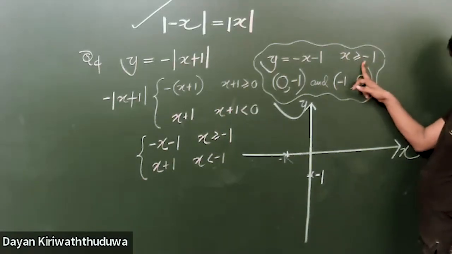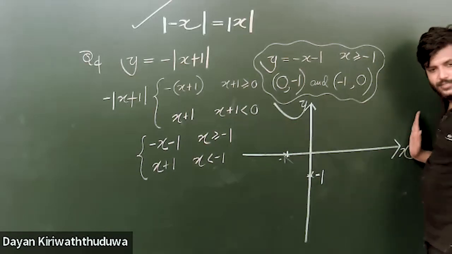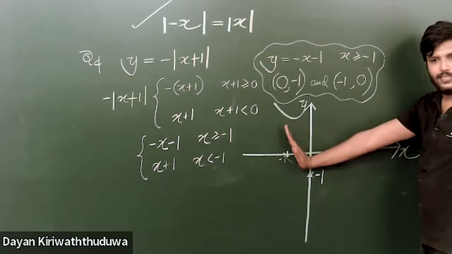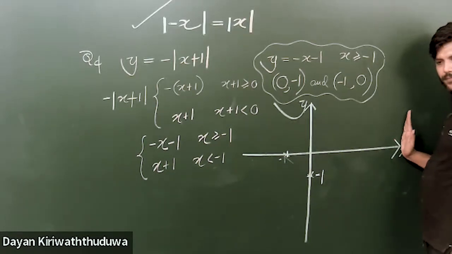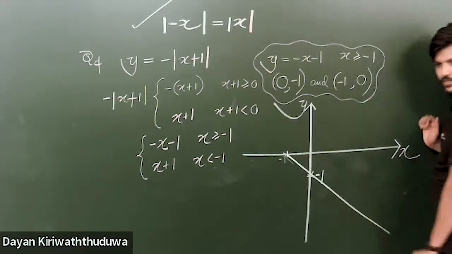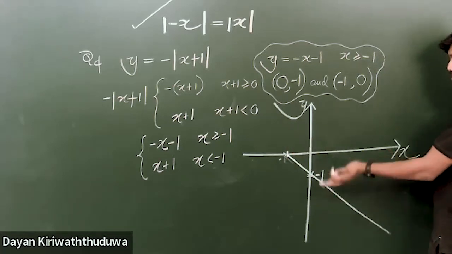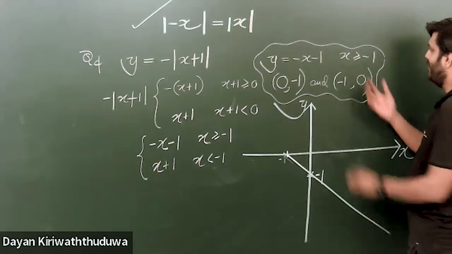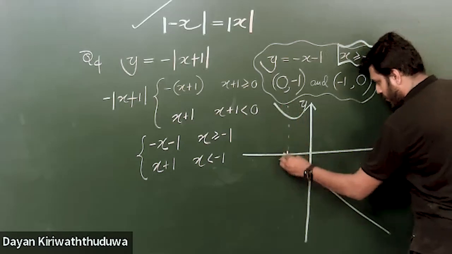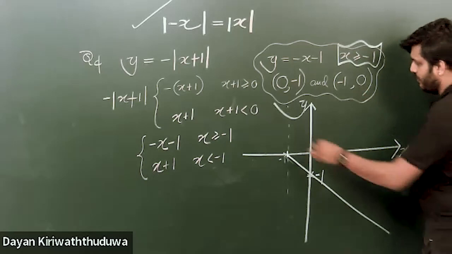Check. When x is greater than or equal to minus 1, that is this side. X is greater than or equal to minus 1, so it is your right-hand side.